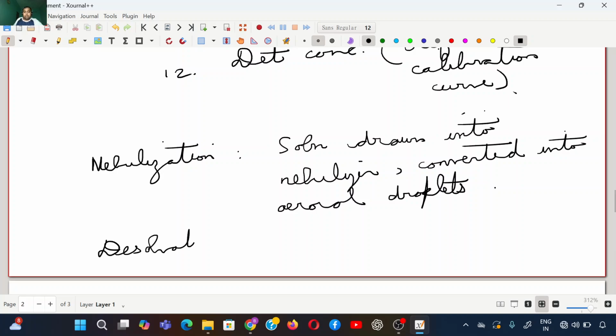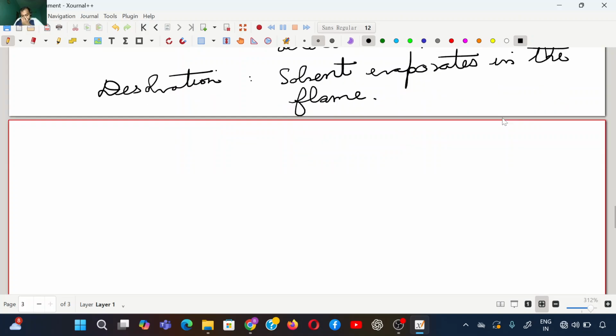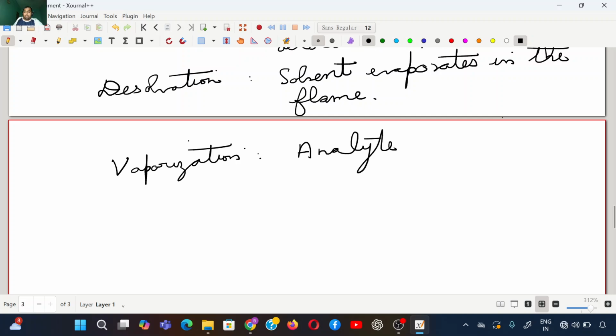Next is desolvation. What does desolvation mean? The solvent is removed, so basically the solvent evaporates in the flame. Then vaporization, where your analyte compounds turn into gaseous form.